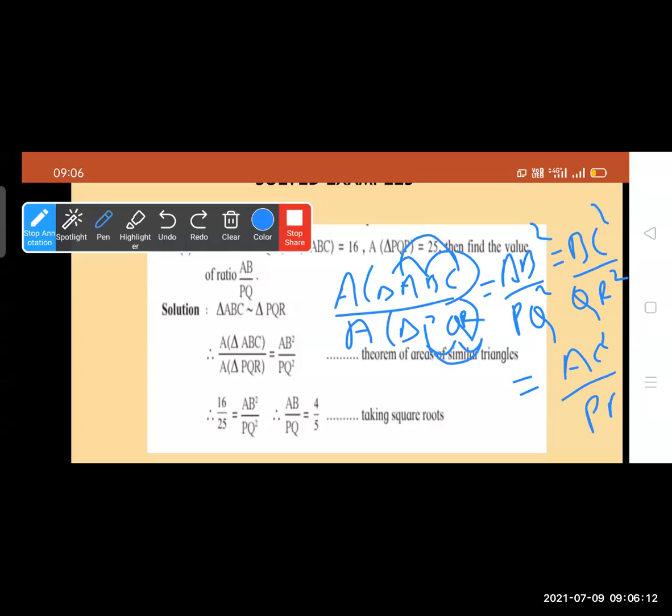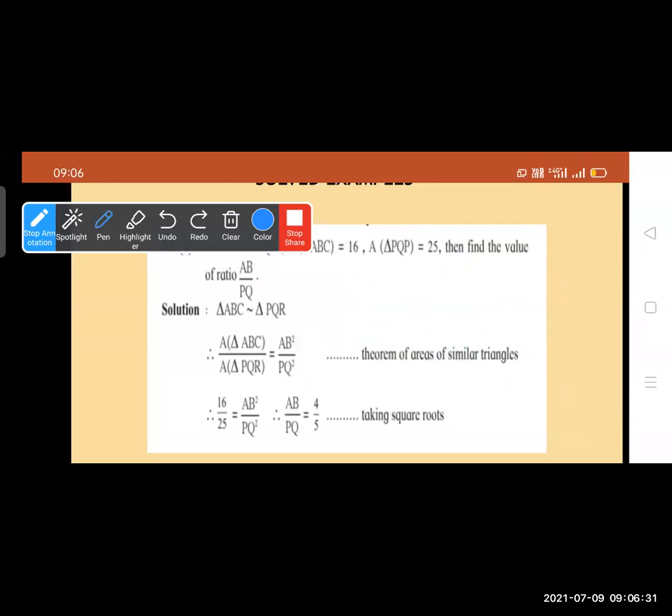Okay, so this one is the theorem. And here we want to find the ratio of AB by PQ. So we write here the ratio of area of triangle ABC to the area of triangle PQR is equal to AB square by PQ square.